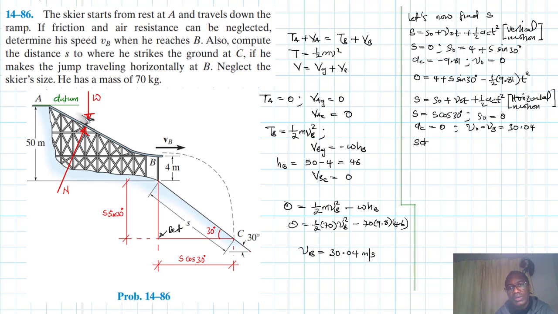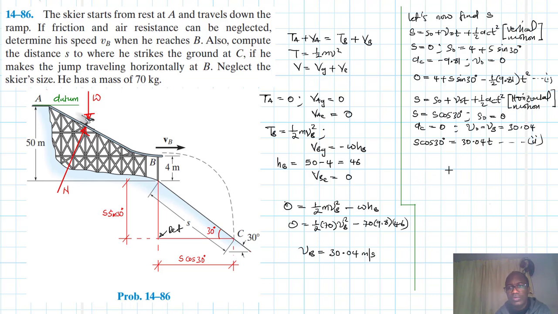Therefore, S cos 30 is equal to V naught times t. So we do have two equations now. What we need to do now is solve these equations. This is the first equation and this is the second equation.